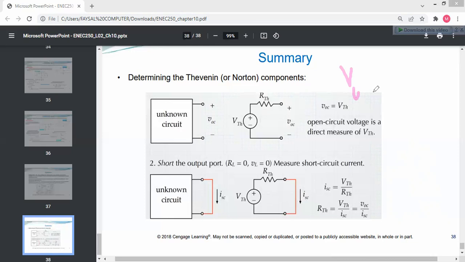So this will be equal to the ratio of V upon R, which in this case is V Thevenin divided by R Thevenin. So these are the main points regarding the Thevenin or Norton components. You have to take notice of all these. This is all about today's lecture.